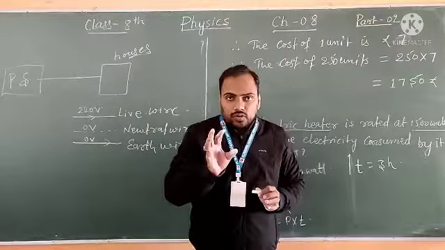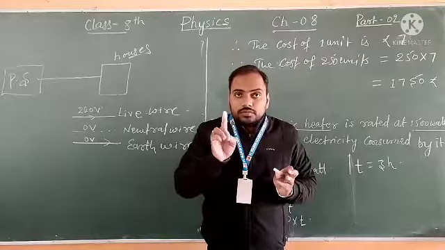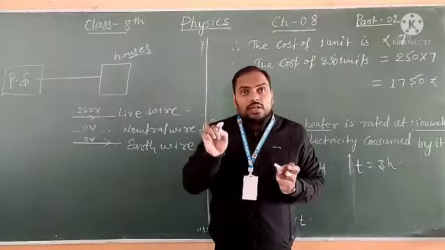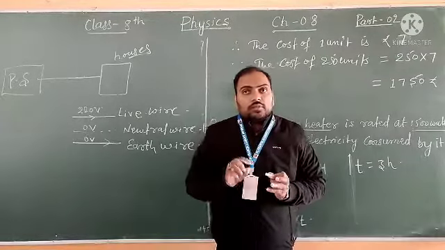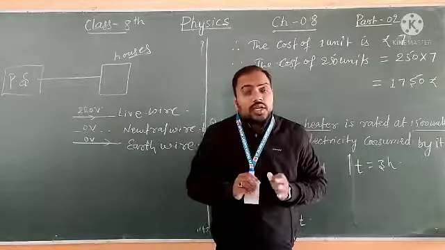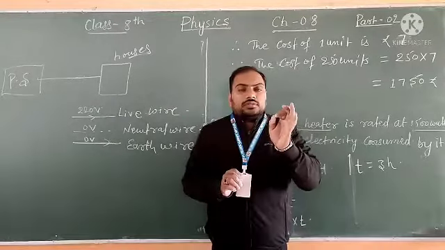So in our houses, if you find a red wire, never even think of touching it. If you touch it, it will definitely give you a hard shock, because it is high voltage. We can never touch it.